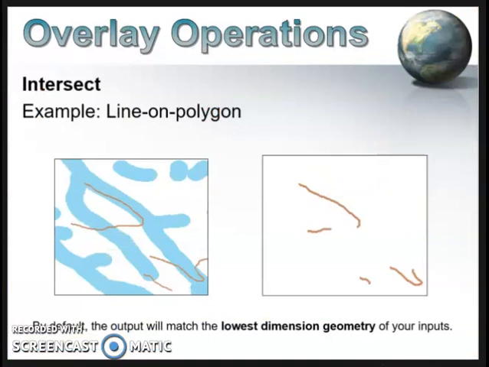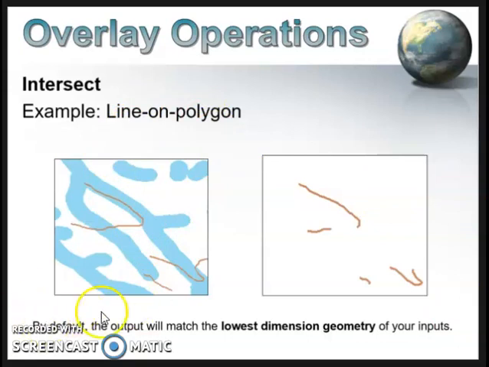Really quickly, let's go back to wanting to select any trails that are within a 50-meter stream buffer from our Lab 9 example. So the intersect tool can combine two layers with different geometry types. So here we have a line on polygon intersect.